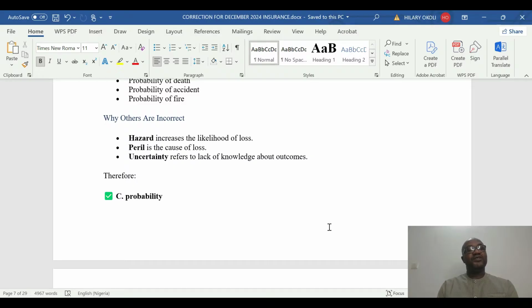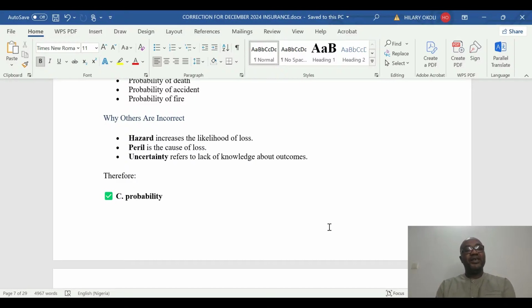But the cleaner has not done it, and by 5 after 8 the floor is wet. So that wet floor is a hazard. There's a likelihood that those of our sisters with high heels can easily fall and hit their head. Step on the wet ground, it can drag you. So hazard increases the likelihood of a loss.